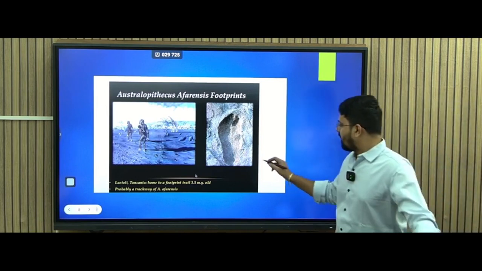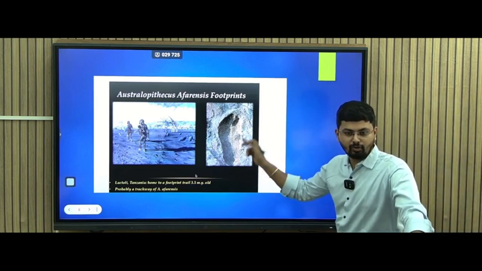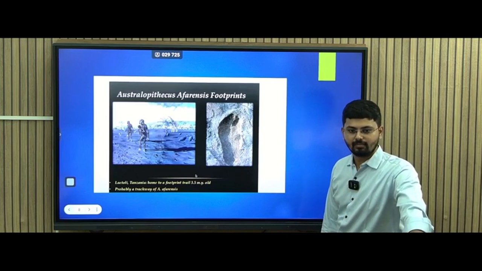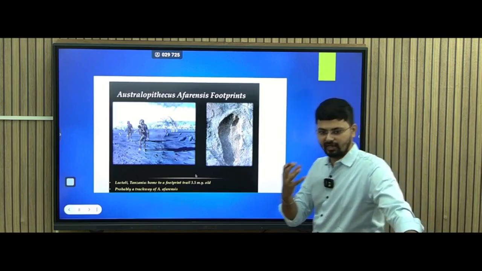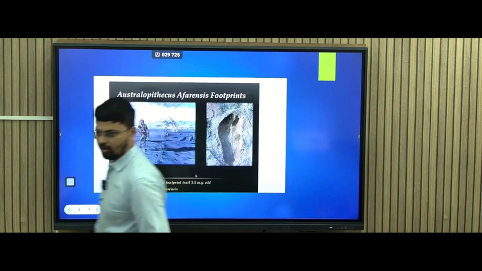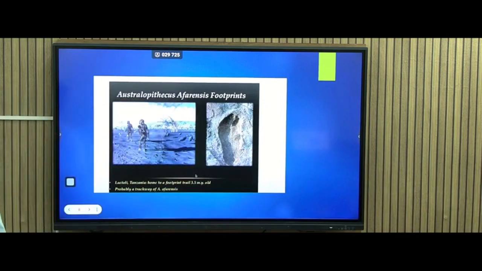So from this, we are able to understand it's bipedal. See, from teeth and dental features, we cannot tell whether it's bipedal or not. But you have got the footprints over here.